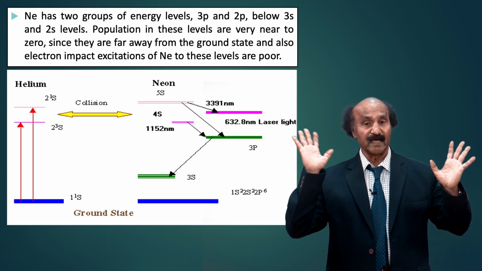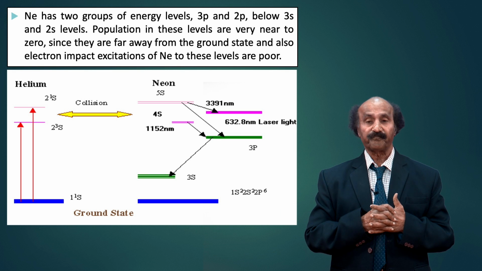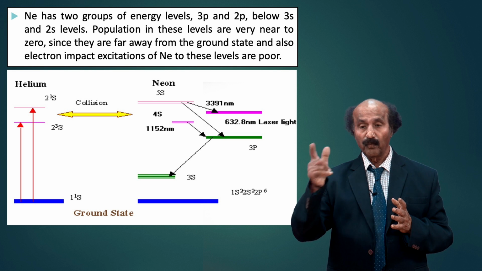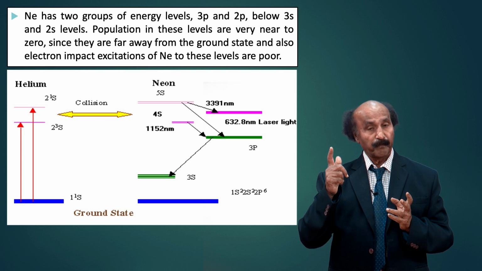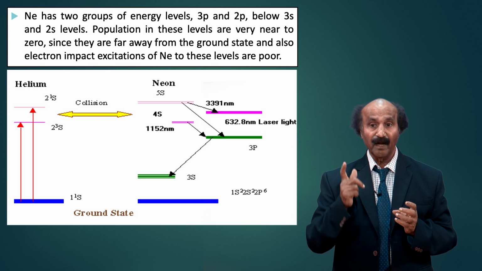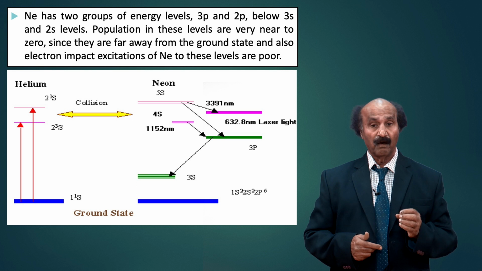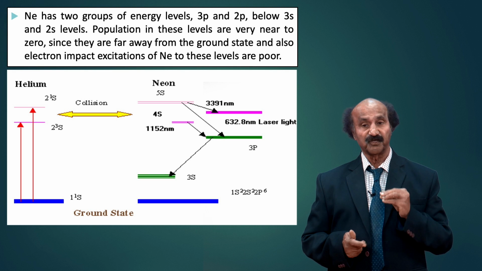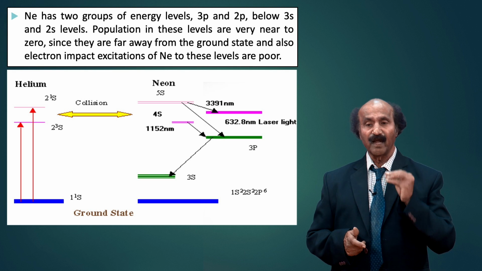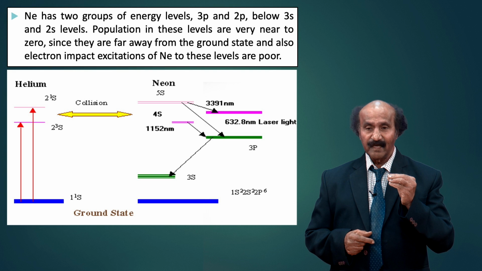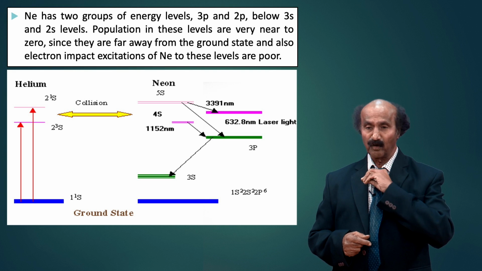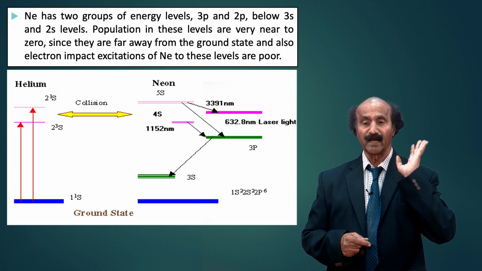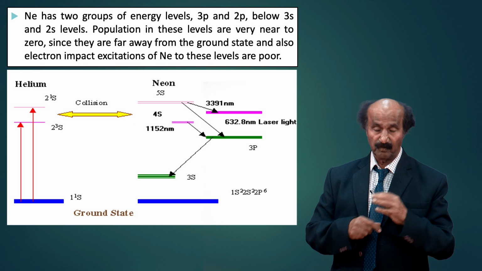Now neon is in the excited state. Neon can transfer its energy radiatively to lower levels, the 3p levels. It can produce spontaneous emission and also stimulated emission for 3 transitions. Remember, 3 transitions. One is 3391 nanometer, another is 1152 nanometer, and the third is 632.8 nanometer. These are the 3 transitions possible.